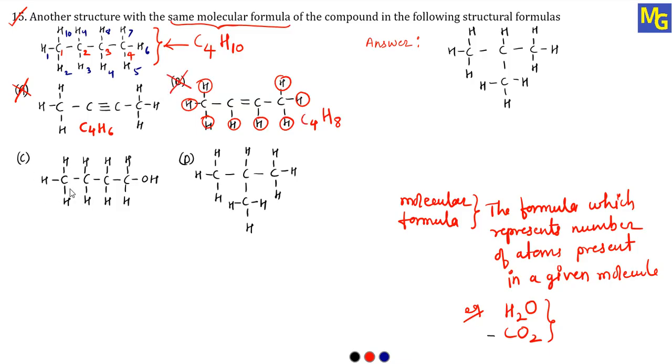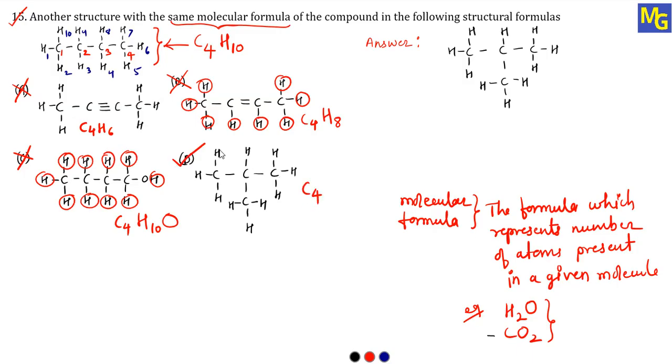If you see option C, carbons are 4, hydrogens 1, 2, 3, 4, 5, 6, 7, 8, 9, 10. H is 10, but what about oxygen? There is oxygen, so this is the molecular formula, and our molecular formula is only C4H10. There is no oxygen, so this is also wrong. So the correct option is D here, because that is the one remaining. But let's calculate the number of carbon and hydrogen.